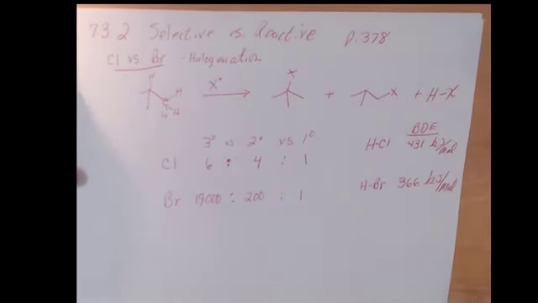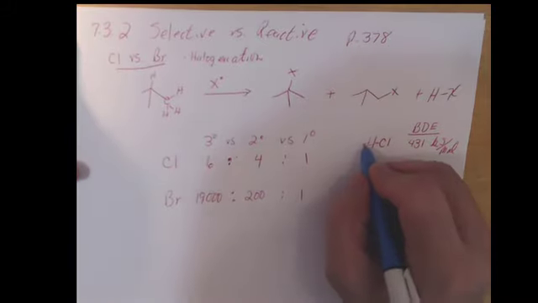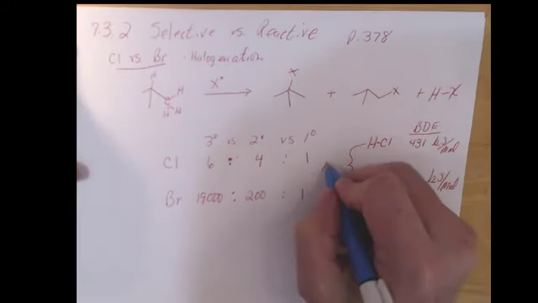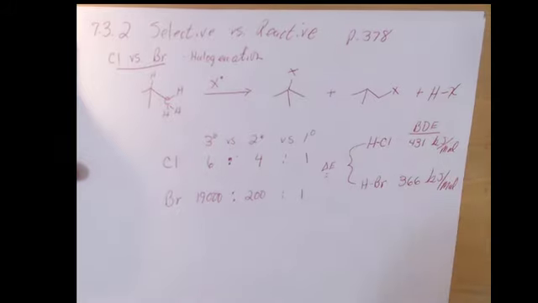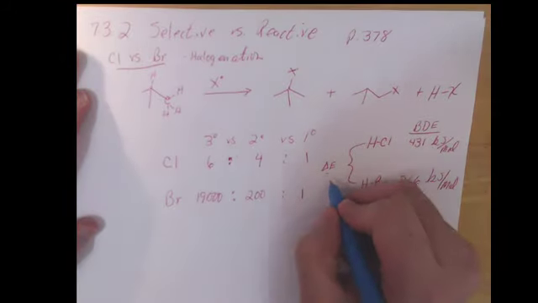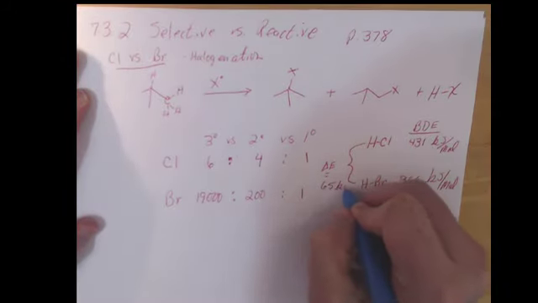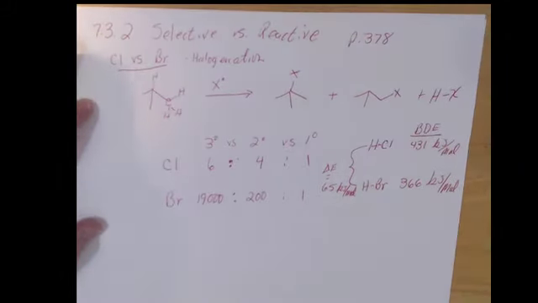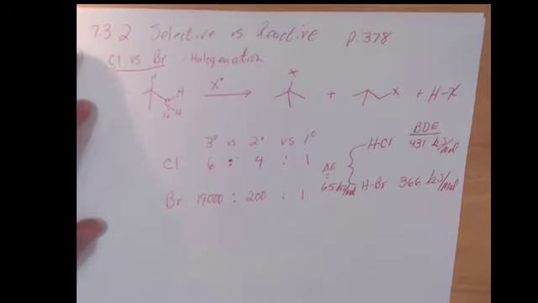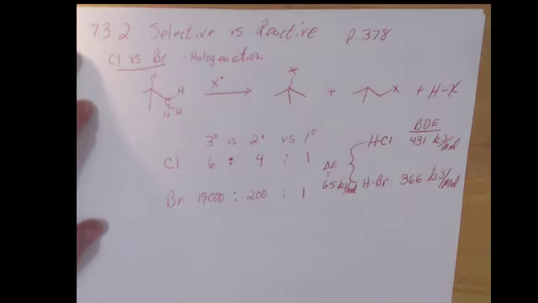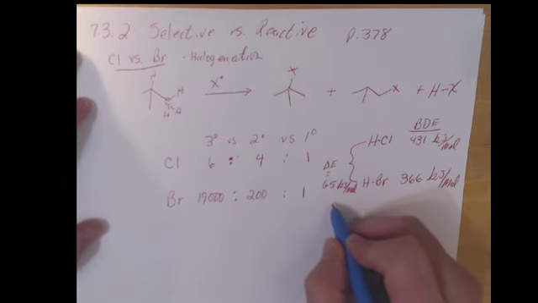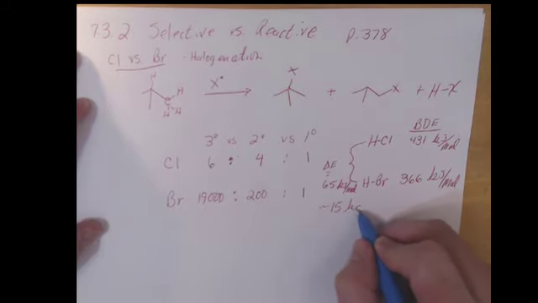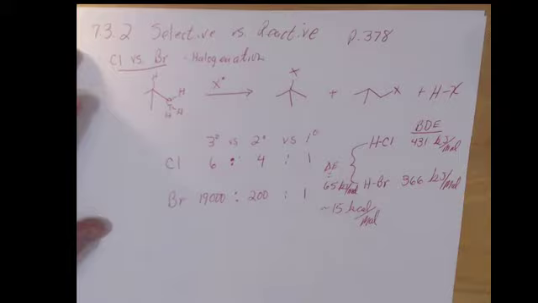Now, this large difference, let's see, what is that equal to? About 65 kilojoules per mole. Okay. And of course, there are about 4.2 kilojoules per kilocalorie. So this is about 15 kcal per mole difference.